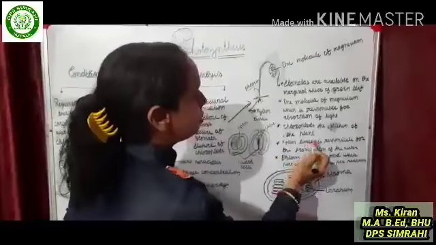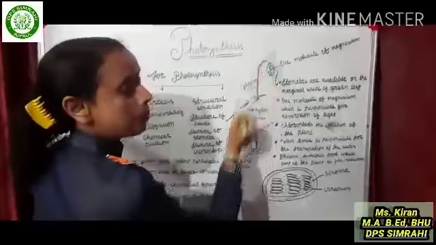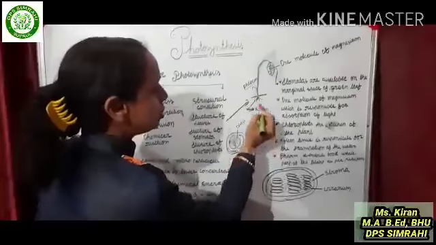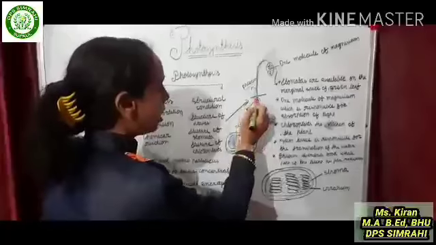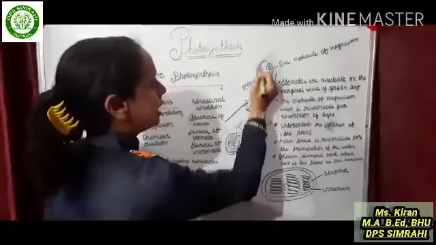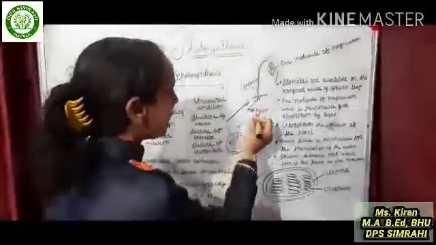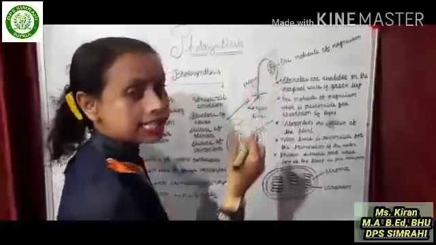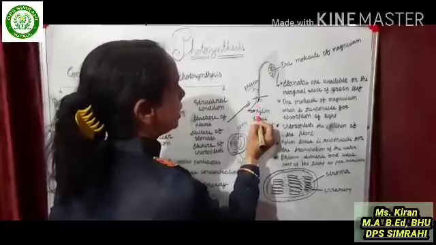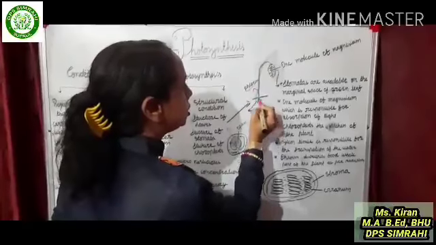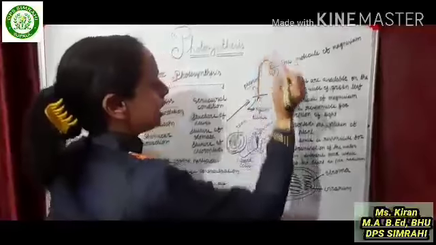Xylem tissues. You can see here, this is the root of the plant. Xylem tissue is available there, shaped like a pipe, and it transports water from the earth to the tip area and to the required areas.